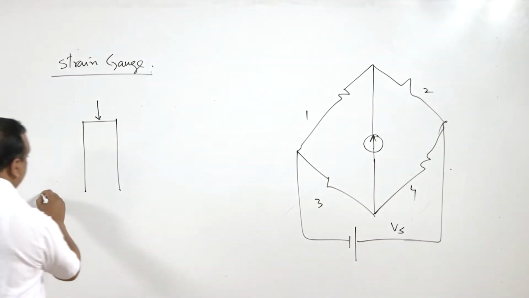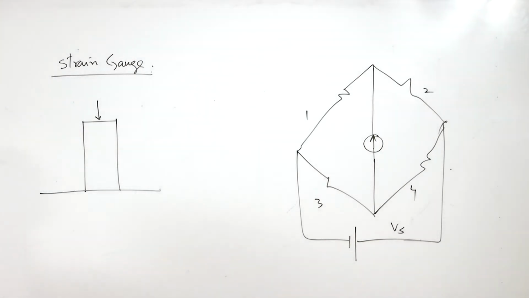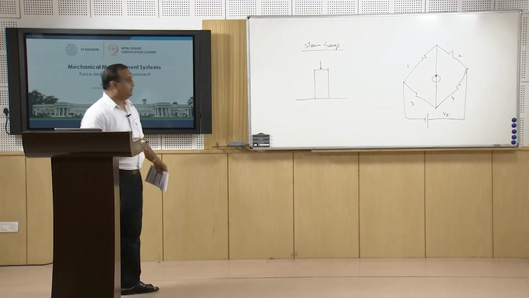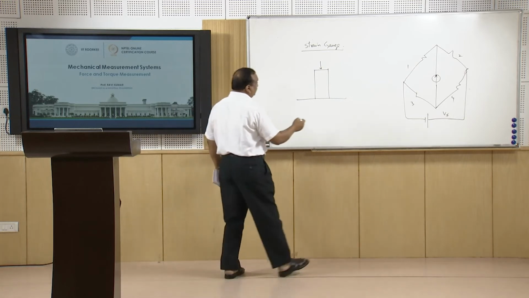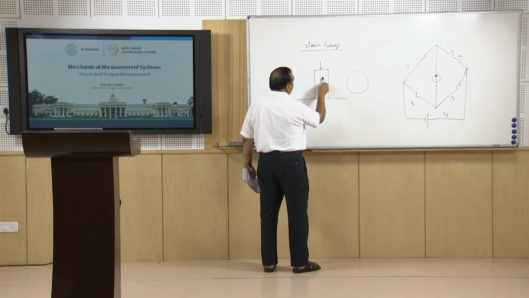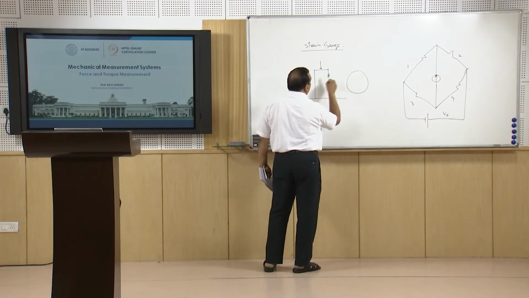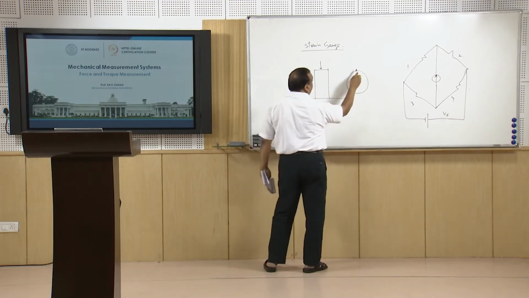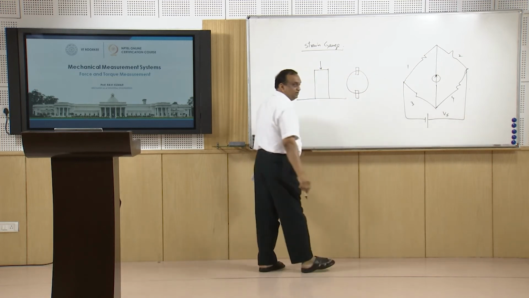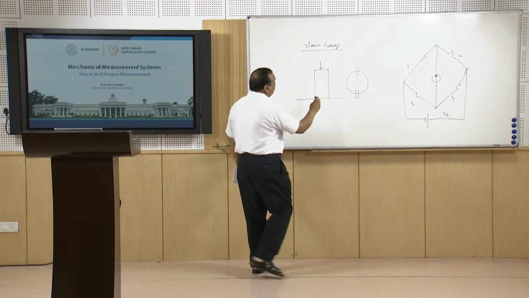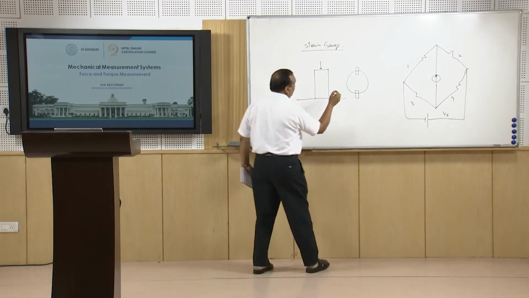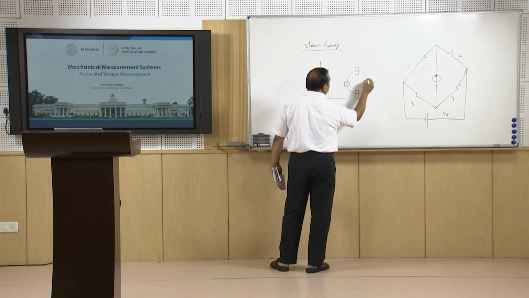Now, fixing of strain gauge. How to fix strain gauge on the walls of this structure? On two opposite surfaces, they are fixed in the direction along the axis. And on two other opposite surfaces, it is a transverse arrangement.